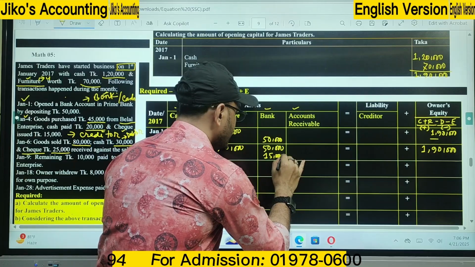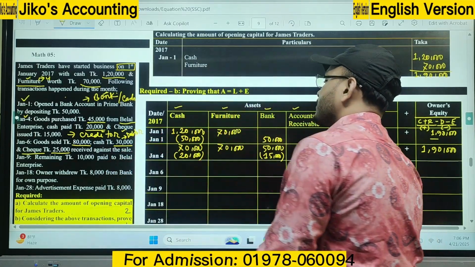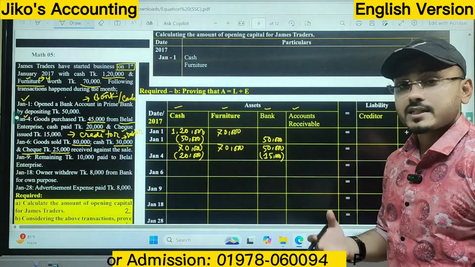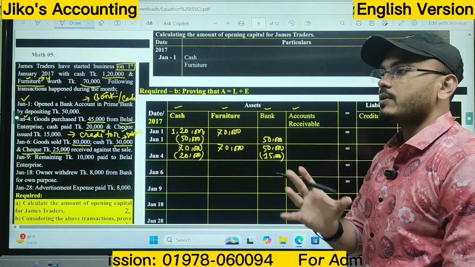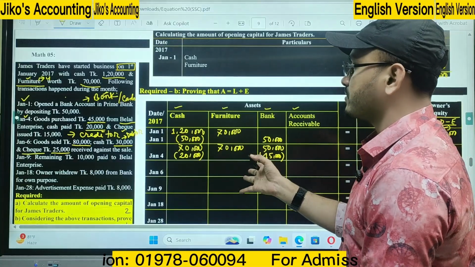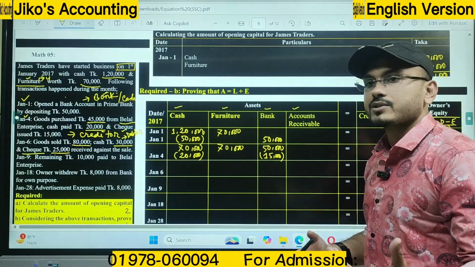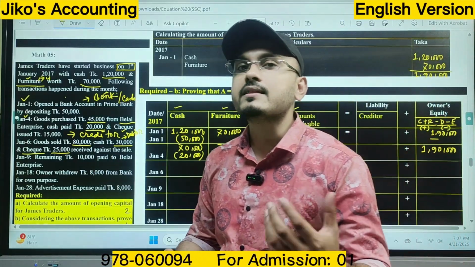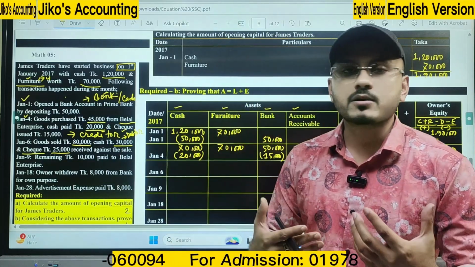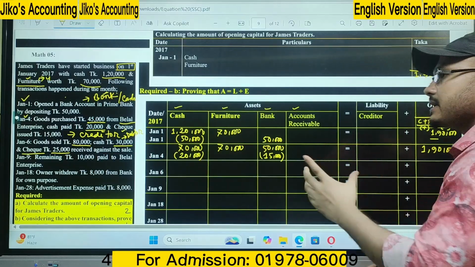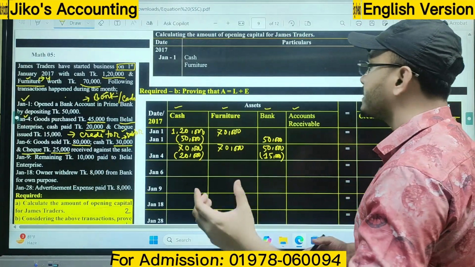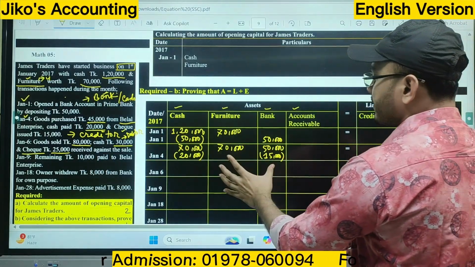That means you have purchased goods for a total of 45,000 taka, but you have paid 20,000 plus 15,000. What is our total amount here, right, sir? 35,000. How about the remaining 10,000 taka? That means we haven't paid him. That should always be recognized as creditor. Till the payment is made, it should always be considered as creditor. So what is our amount here?